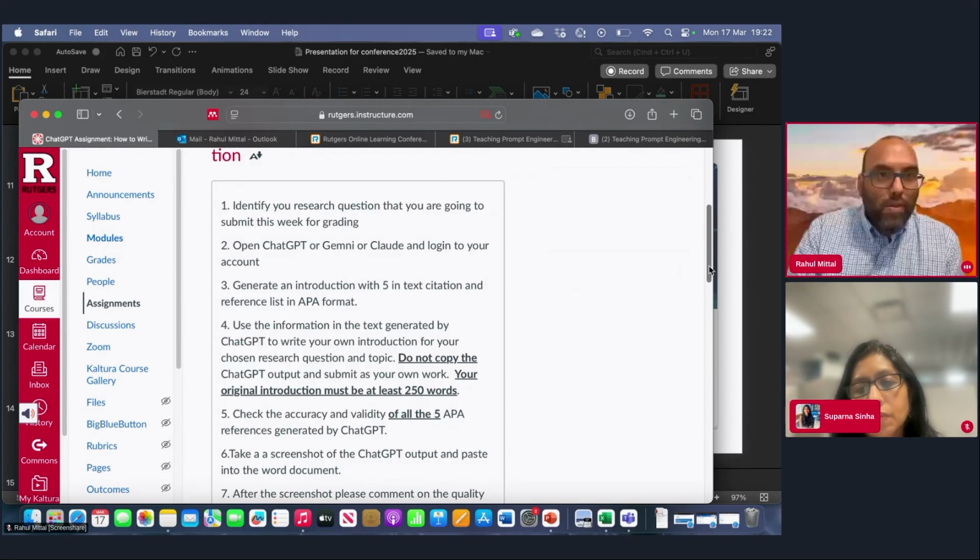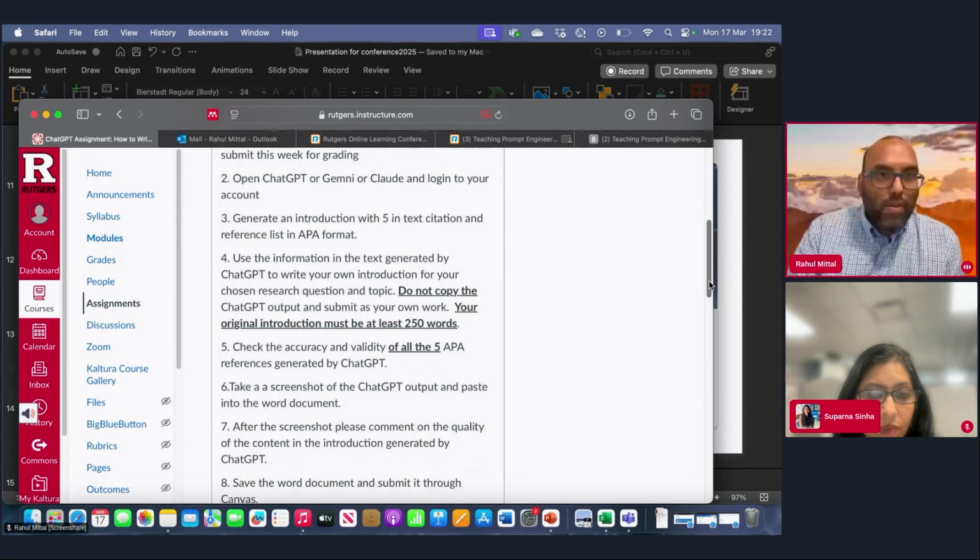But we wanted them to then have a reference point to write their own introduction. At the same time, they had to upload the outputs, so we had full sight of what they had used as their scaffold.